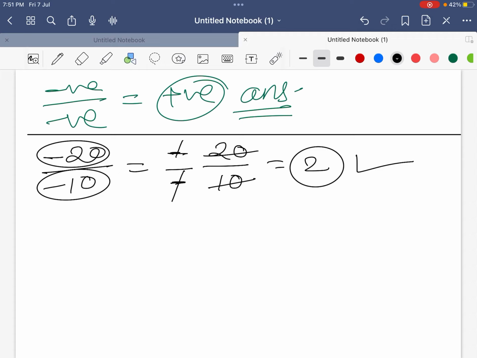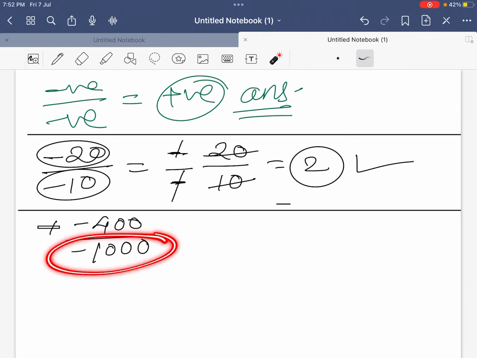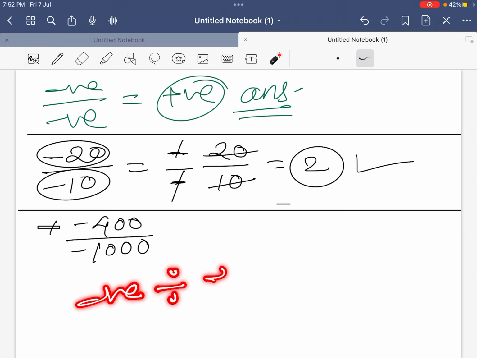Just similarly, draw another example: minus of 400 divided by minus of 1000. In this case, if you observe, the numerator is negative, the denominator is also negative, means the situation is like that: negative term divided by negative term, so the answer is a positive term.